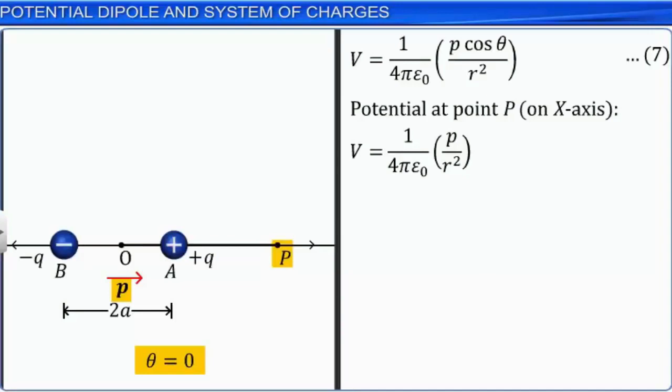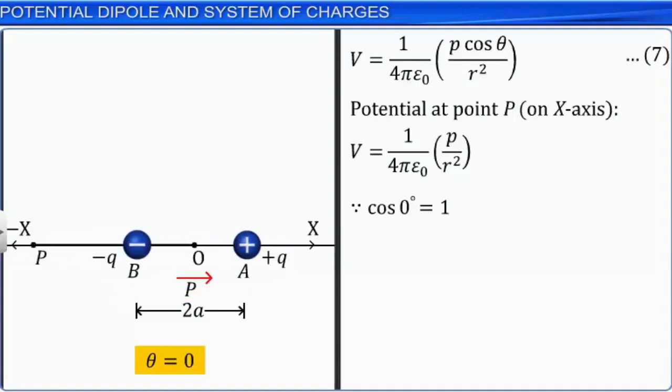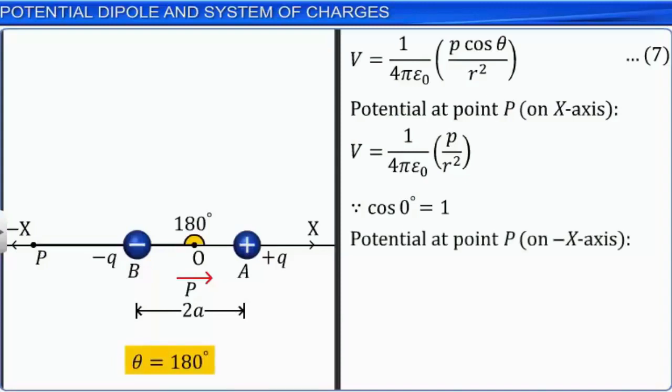If point P is on the negative x-axis, then the angle between the position vector of P and the dipole moment of the dipole is 180 degrees. The potential at P due to the dipole is V is equal to minus 1 by 4 pi epsilon naught into P by R square, as the cosine of 180 degrees is minus 1.